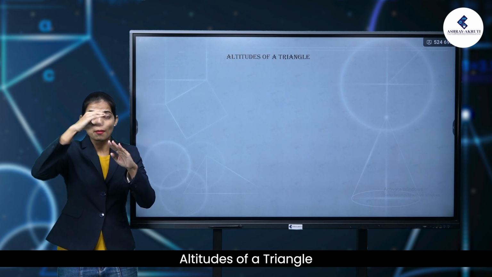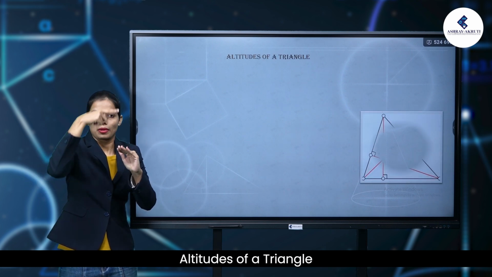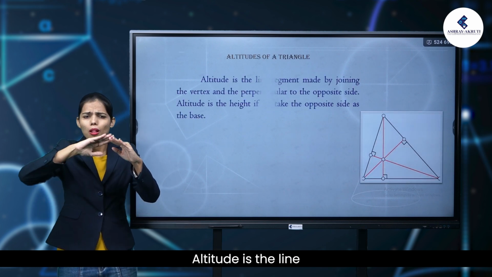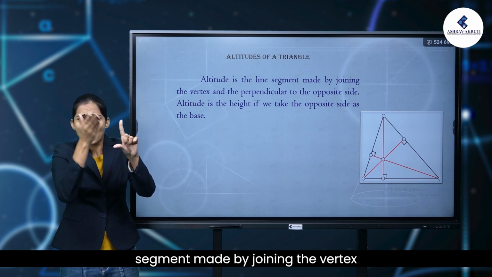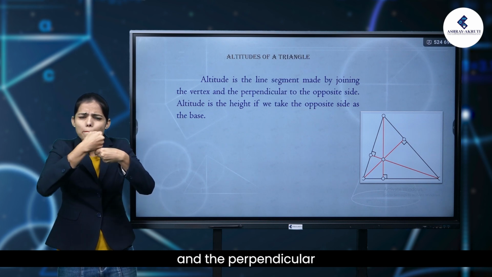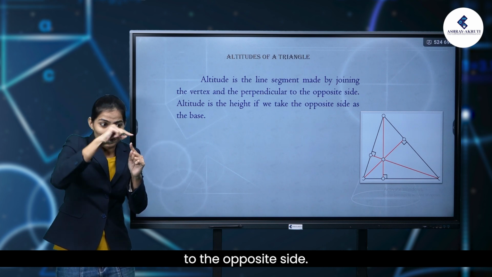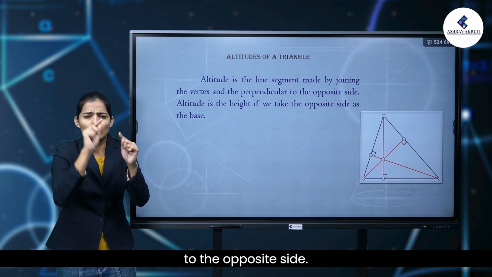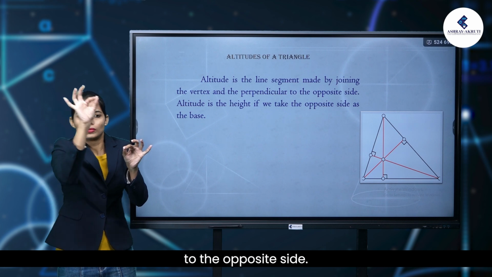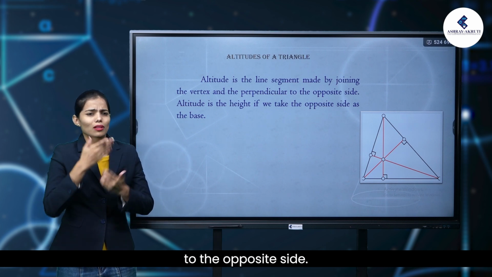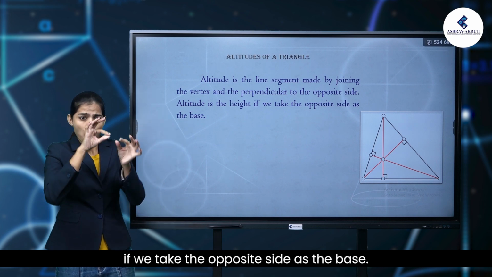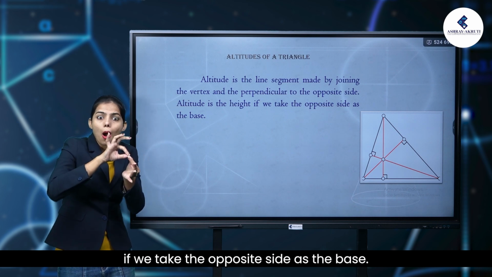Altitudes of a triangle. Altitude is the line segment made by joining the vertex and the perpendicular to the opposite side. Altitude is the height if we take the opposite side as the base.